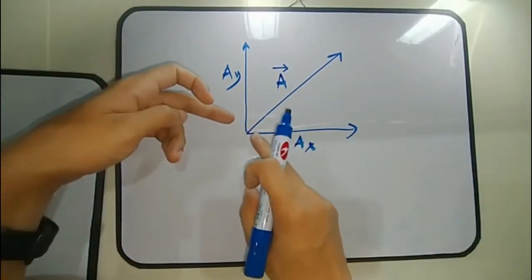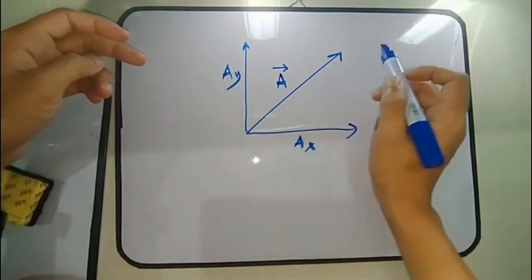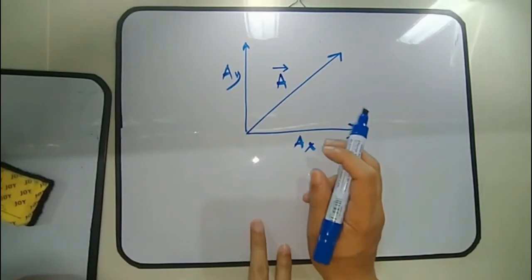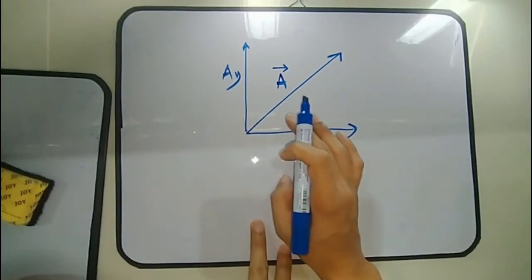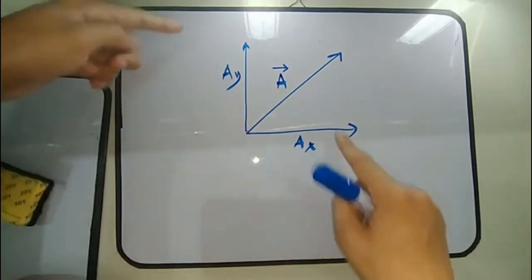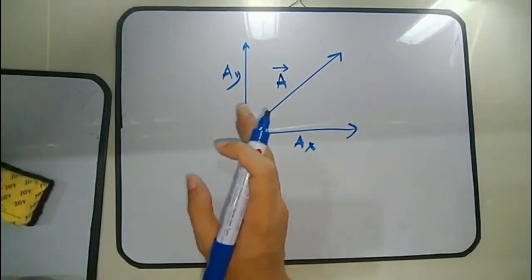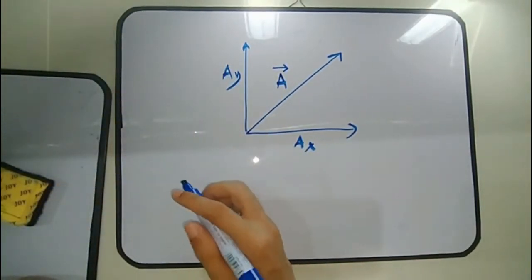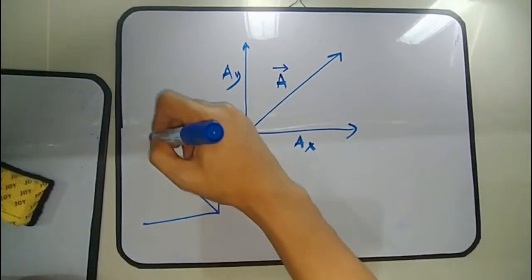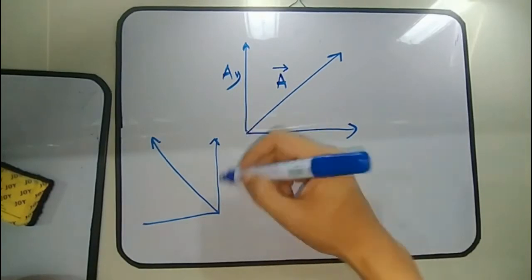So ang pag-drawing natin is from the tip of the vector and going away to each other, as long as yung resultant vector natin is nasa gitna ng component vectors. So what if kung nandito siya sa second quadrant? Kung nasa second quadrant, guys, for example here, this is vector A, so directed upward.